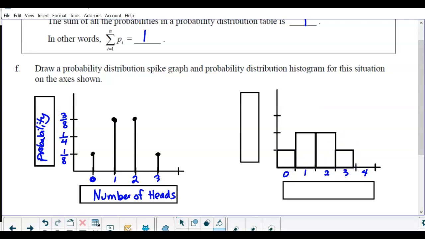And obviously, 4. And this is probability. 1/8, 1/4, 1/8.